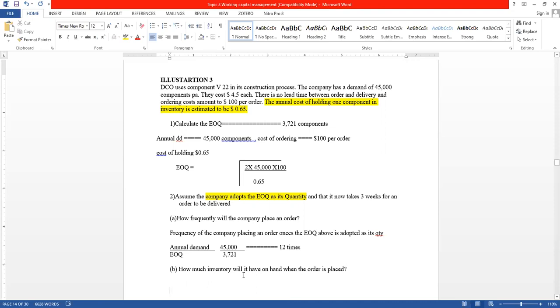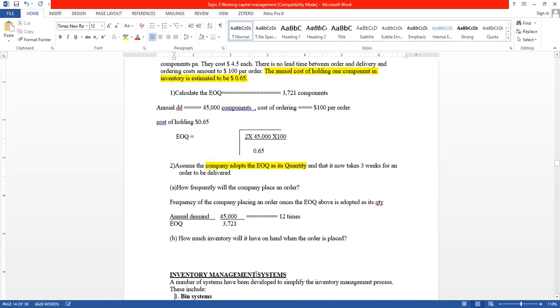Then they're saying, how much inventory will it have on hand when the order is placed? So what will be the inventory that will be available? Remember, they have said the lead time is 3 weeks for the order to be delivered.